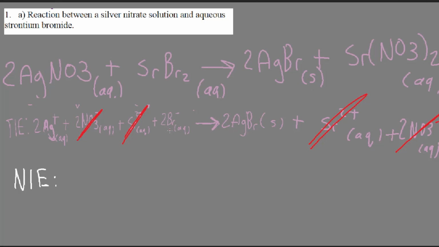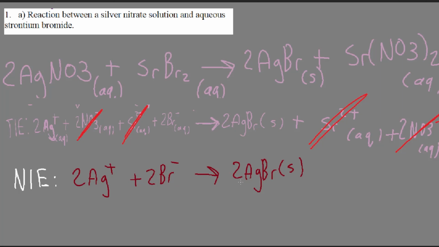So this will stay as is, and our net ionic equation will simply be 2Ag plus 2Br minus arrow 2AgBr solid. Furthermore, you can simplify this a bit, because you know there's 2, 2, 2.